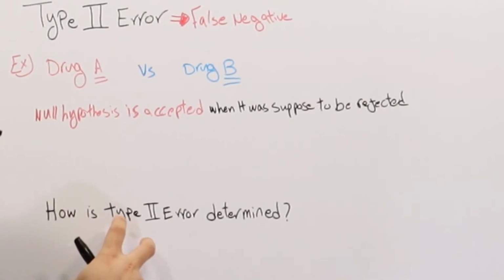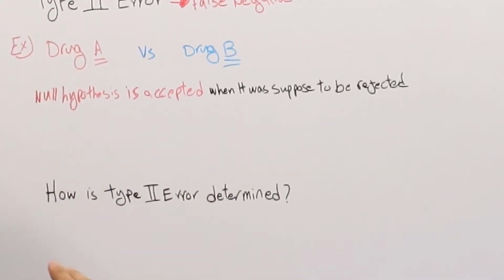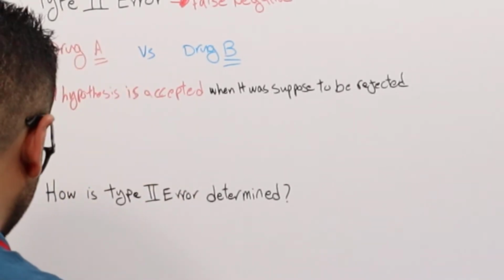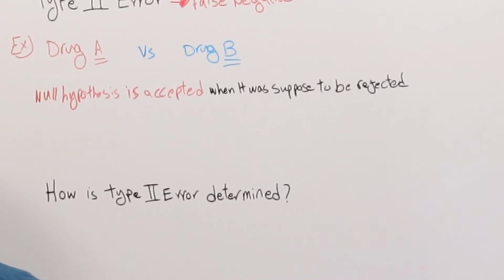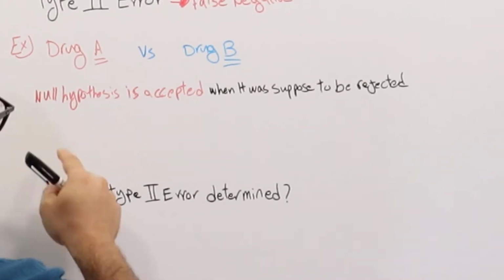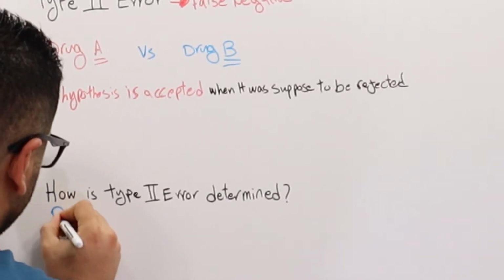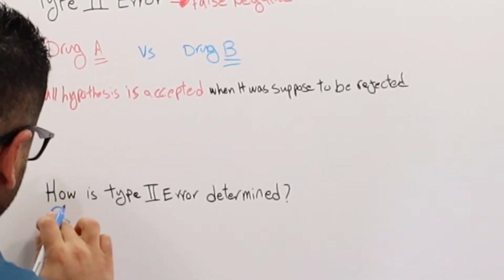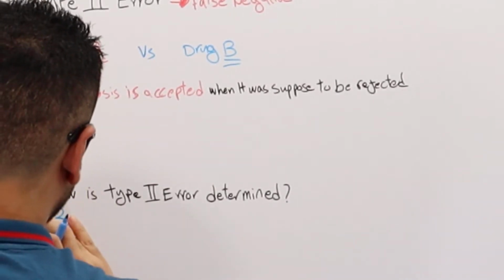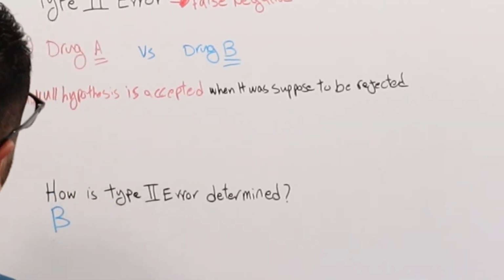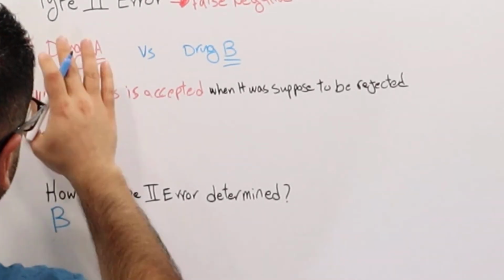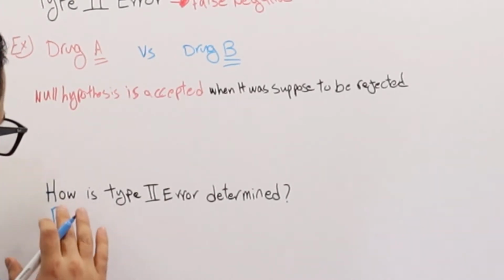And how is type 2 error determined? Here we refer to type 1 error as alpha. Type 2 error, we're going to refer to as beta. And what does beta mean?